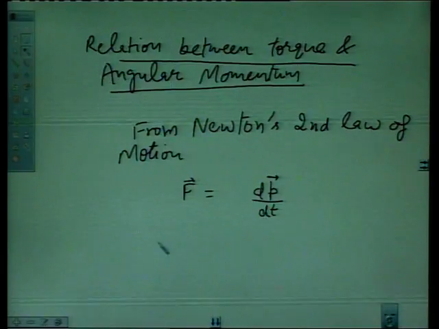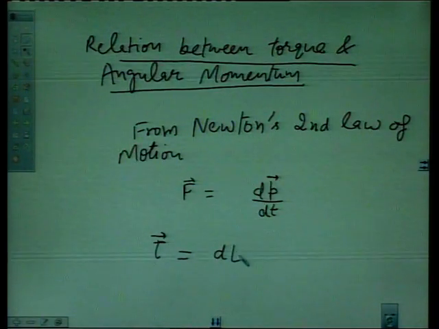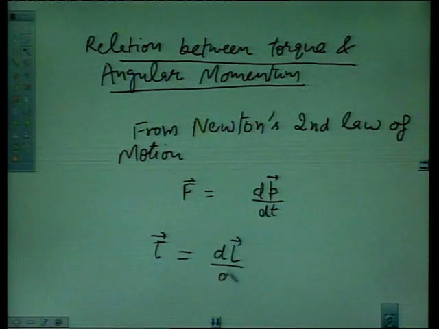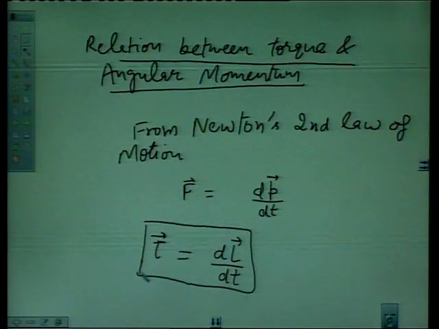If we correlate this with the rotational motion, the analog of force in the rotational motion is torque, and the analog of linear momentum is angular momentum L. So, we have torque vector tau is equal to dL upon dt.